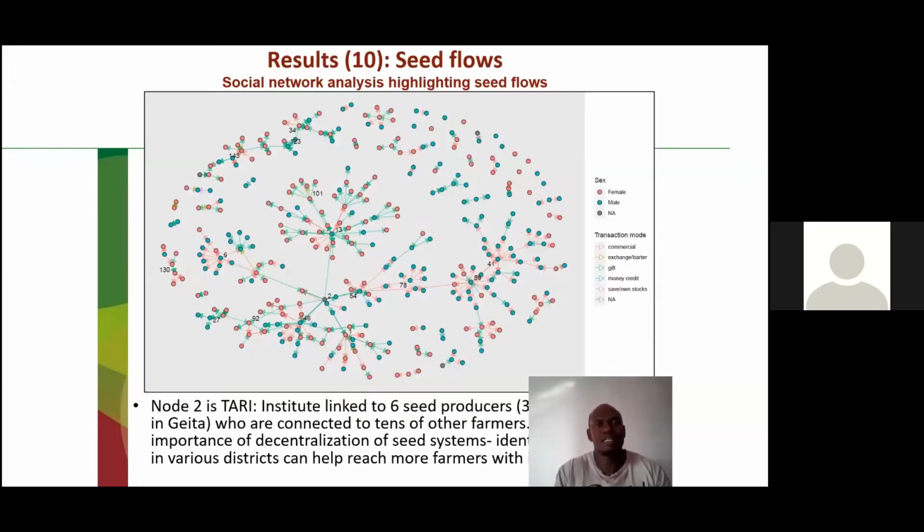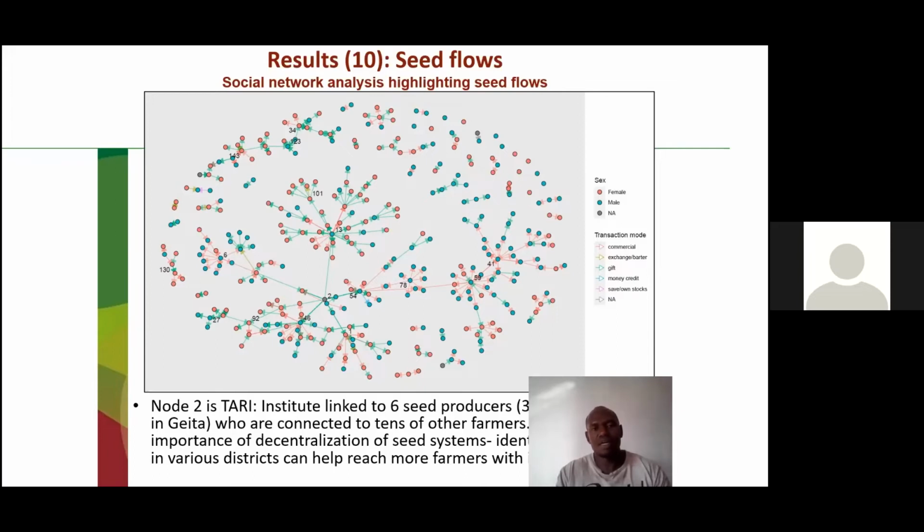Our last result is around the seed flows. We did a network analysis whereby we wanted to see how seed moved from one entity to the next. This would help us see how the various stakeholder farmers are linked.